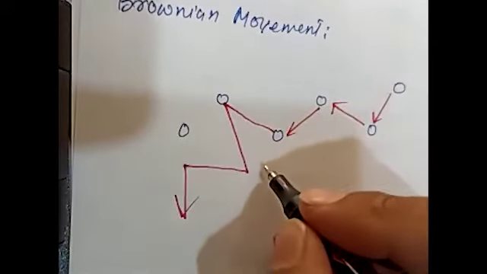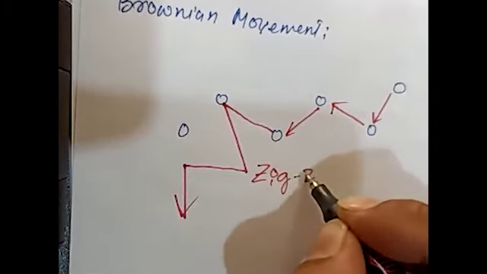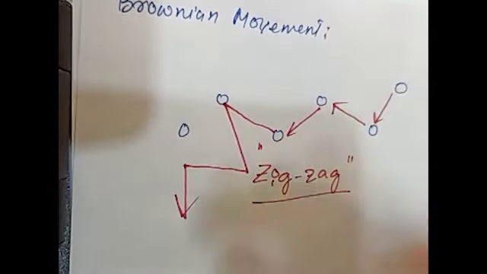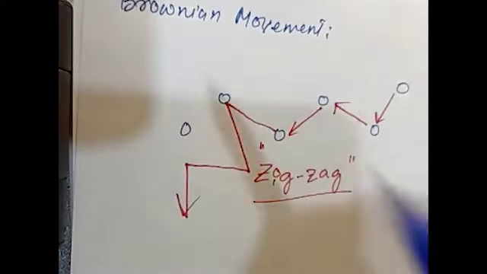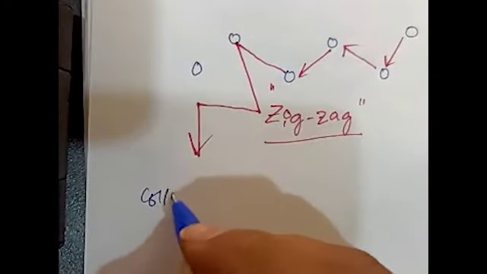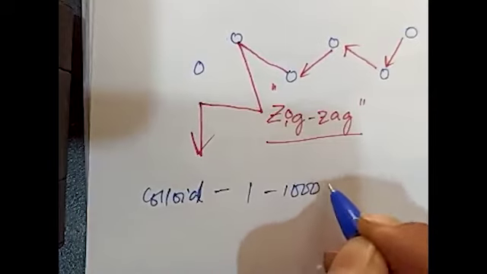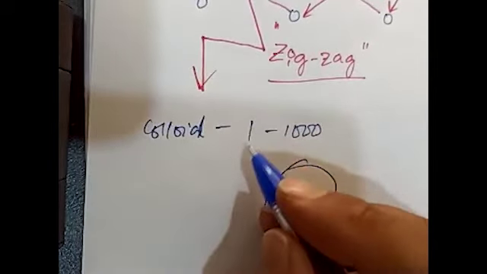The colloid particles have a zigzag motion in the liquid. Basically, in case of colloids there are two kinds of particles. One is the bigger particles. The colloid range is 1 to 1000, so 1000 is the bigger particle and 1 the smaller.